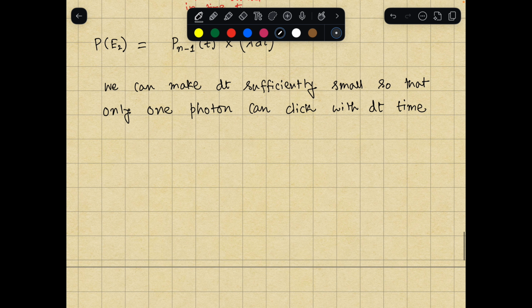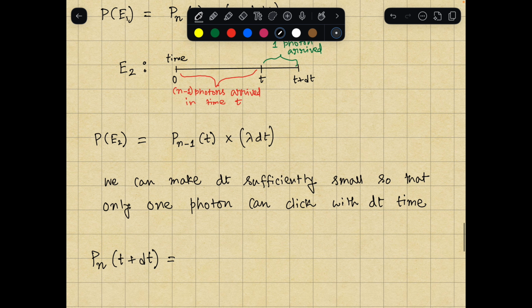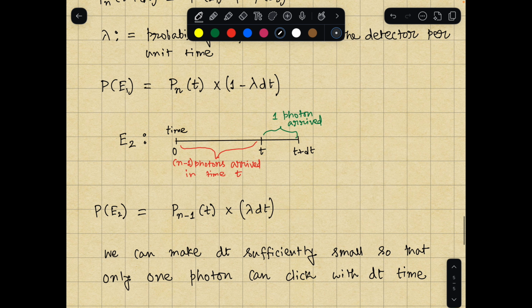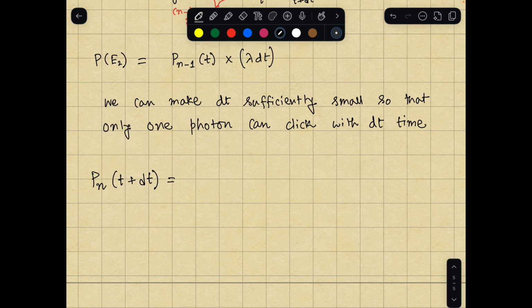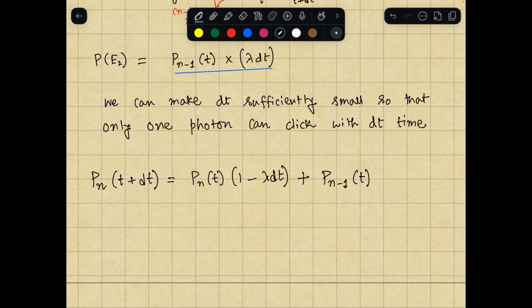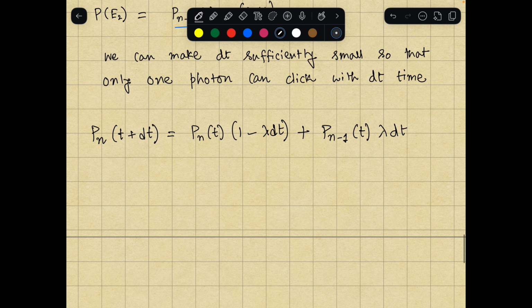So now we have Pn of t plus dt equal to P of E1, which is Pn of t into 1 minus lambda dt, plus this term P of E2, which is P of n minus 1 of t times lambda dt.